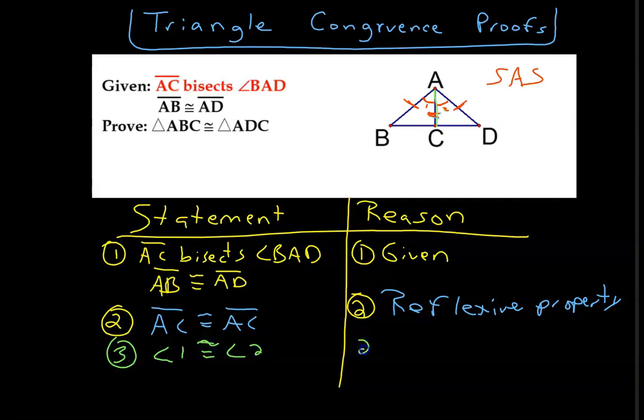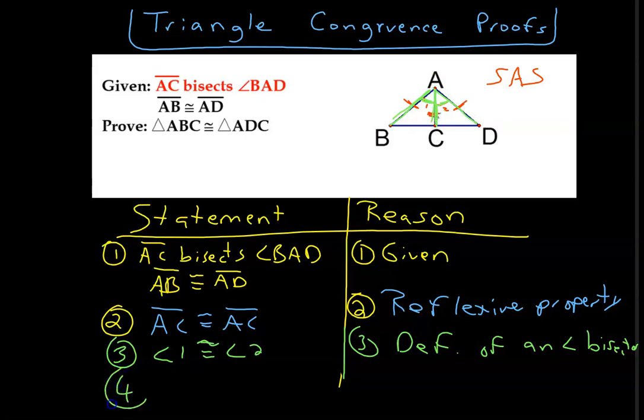And the reason why they were congruent was the definition of an angle bisector. Alright, now that I justify why angles 1 and 2 are congruent, and I knew this was congruent to this one, and I knew that was congruent by reflexive property, I can now say side, angle, side.